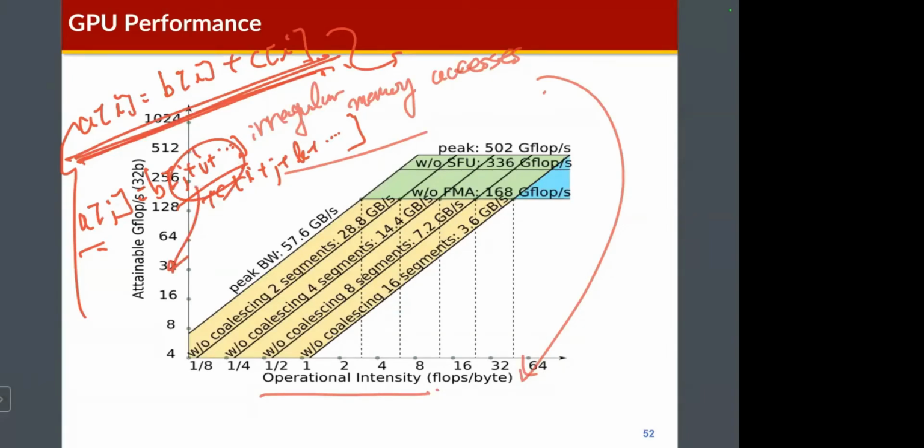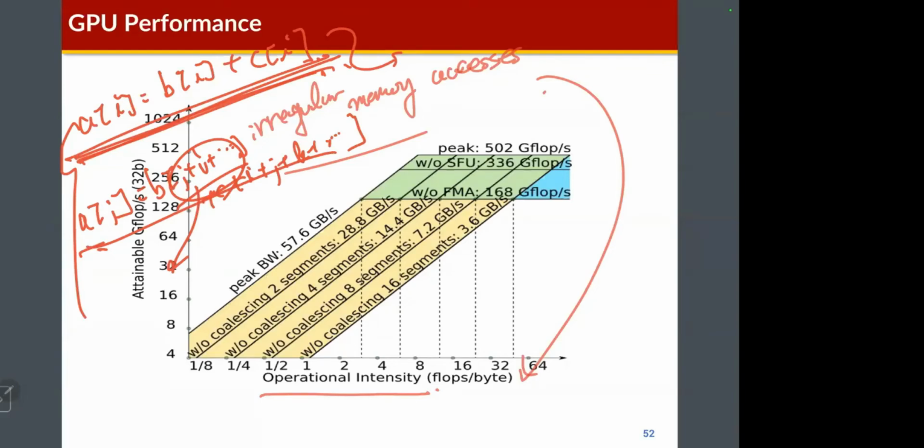Which means that even though it's the same add operation, the regular operation may generate irregular memory access patterns.